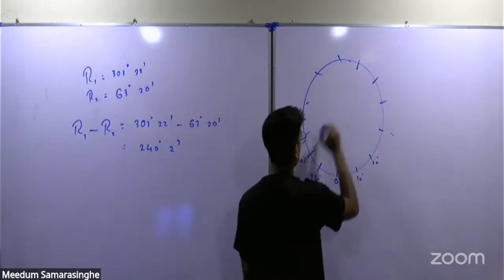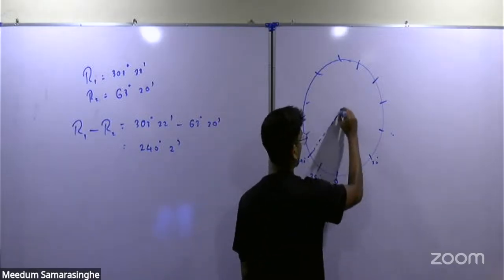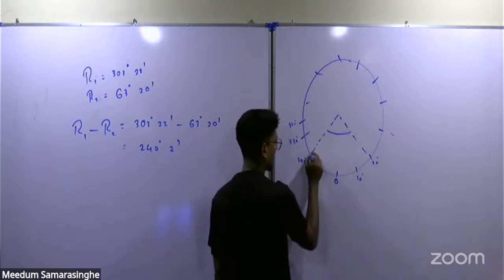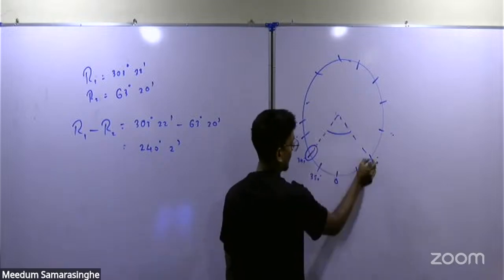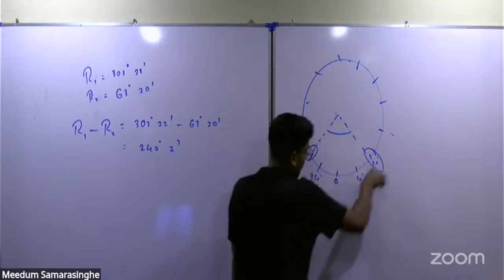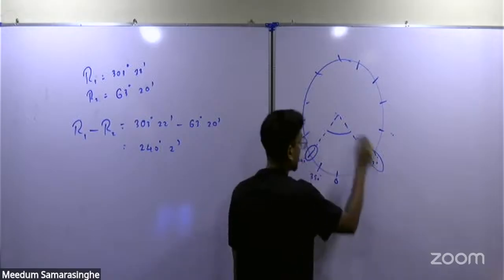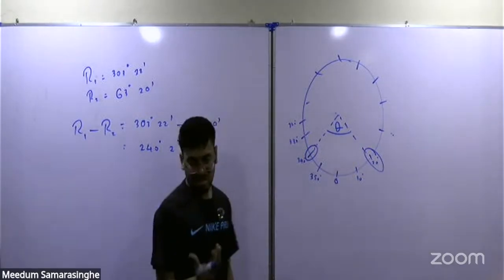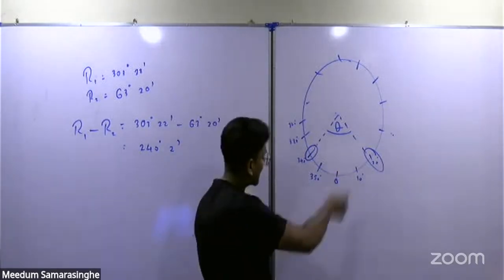Now let's say the vernier scale has moved from here to here. Initially the vernier scale is at this point, and finally at this point. The angle moved is from here to here, this theta, and the actual angle moved by the telescope vernier scale is this one.